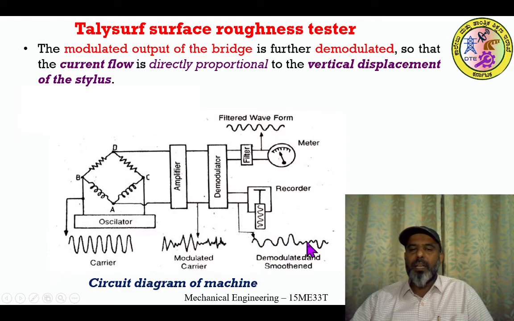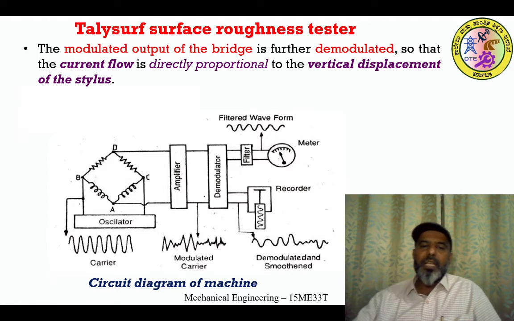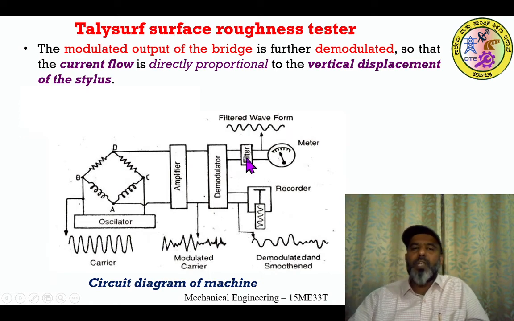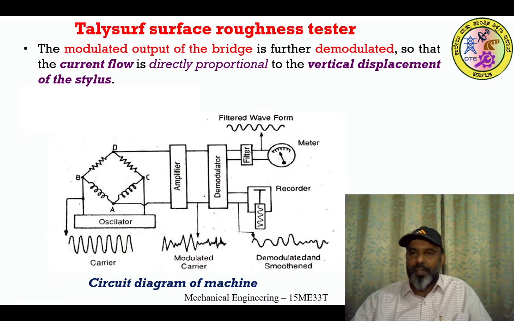This electrical output is directly recorded by a pen recorder, which makes a permanent record used for future reference. At the same time, the demodulated wave signals are passed into the filter, and we get the filtered waveform. This filtered waveform is directly read on the meter, and the meter gives the direct reading in numerical values.